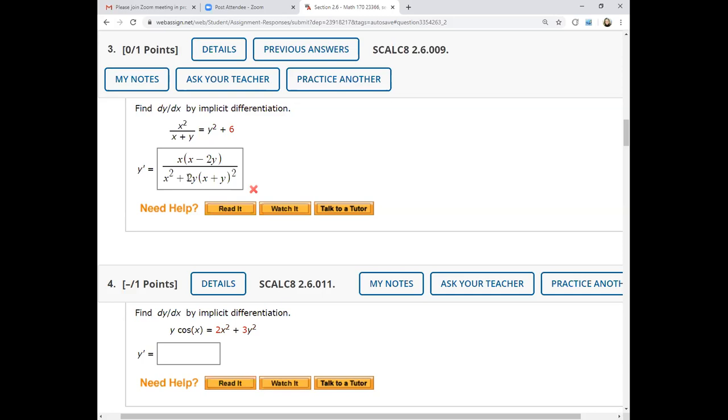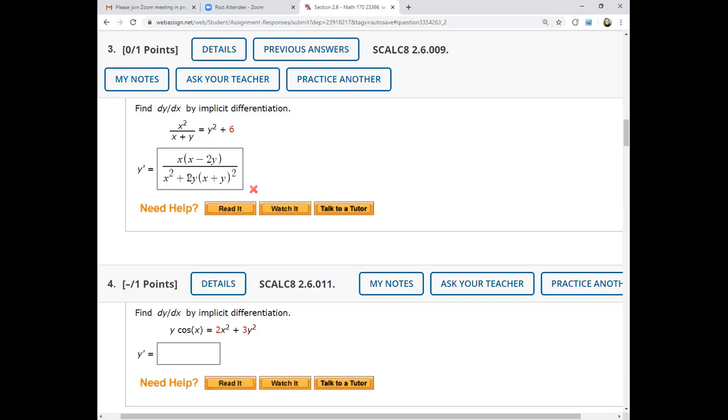So I'm going to get a common denominator. That's x squared, and I need to make this x plus y. So this is minus y squared times x plus y over x plus y is equal to 6. And then I get x plus y.